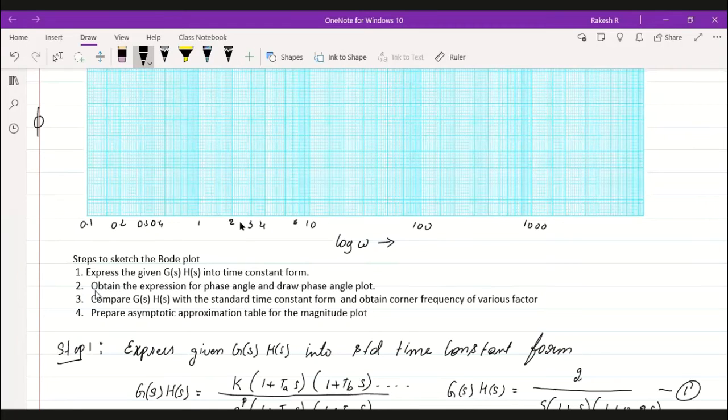If you are taking 5, 6, 7 and 8, it will be here only. But from here to here, it is difficult for you to draw, right? That's why I'm taking first 1, 2, 3, 4 continuous. After that, I'm taking 8 and 10 like that. You can choose any 5 values. Or else, you can do it for all 10 values if you want. It's not necessary that you should do only 5 values.